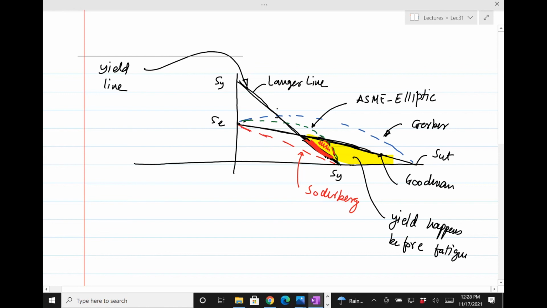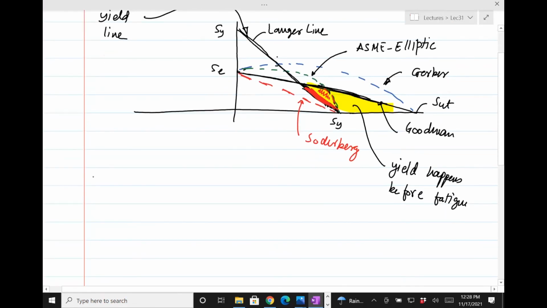However, for the Soderberg line, which is always below this yield line, you do not need to check the yield criterion. So in other words, let me put down what I said in words, and then we have one more equation we need to remember.